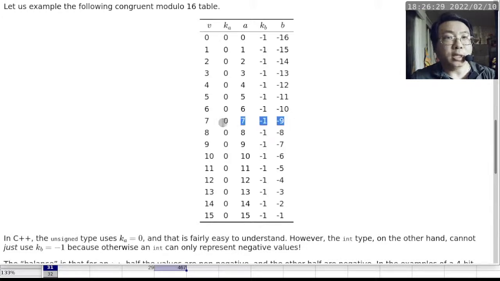But since they're on the same row, the 7 and the -9 are congruent modulo 16 in this case. So basically, if you just look at A and B of the same row, those two are congruent modulo 16. It's really just spelling out the two special cases when Ka is a 0 and Kb is a -1.